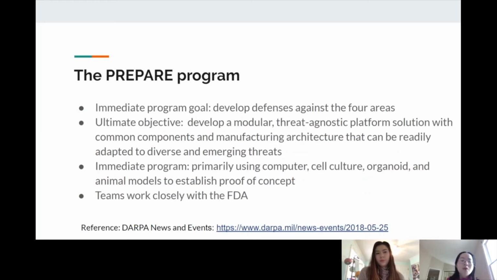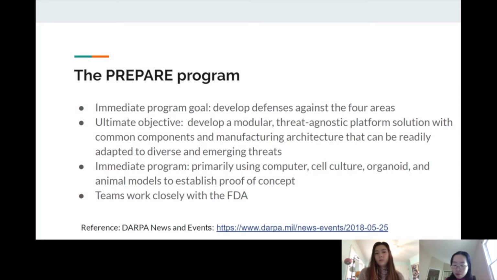So the immediate program goal is to develop defenses against these 4 areas, and the ultimate objective of this program is to develop a modular, threat agnostic platform solution with common components and manufacturing architecture that can be readily adapted to diverse and emerging threats. This is a very powerful ultimate objective, and the PREPARE program takes the first step in this direction.